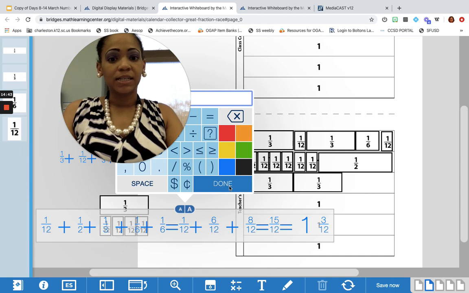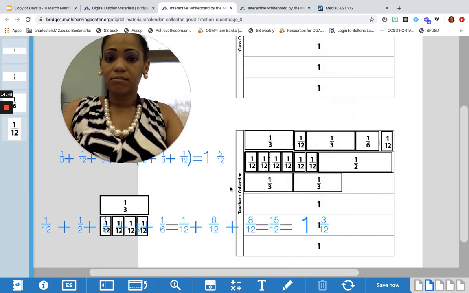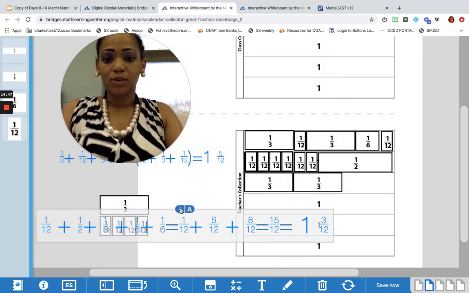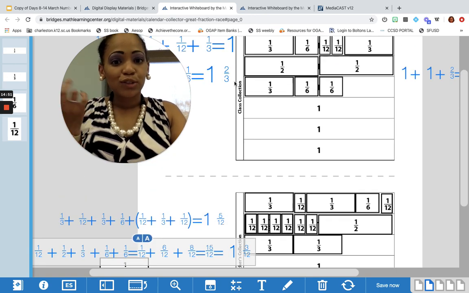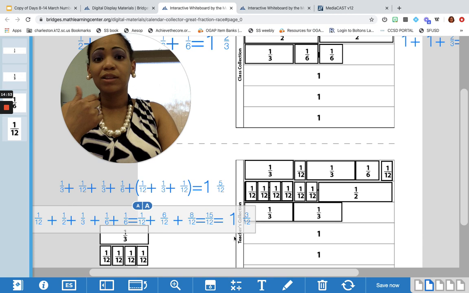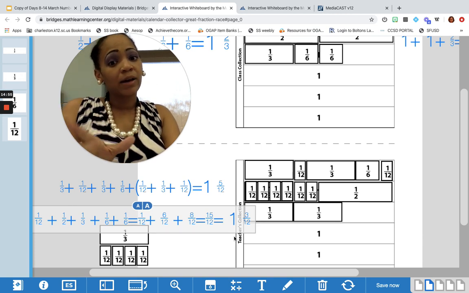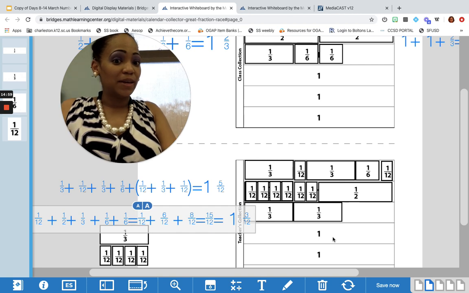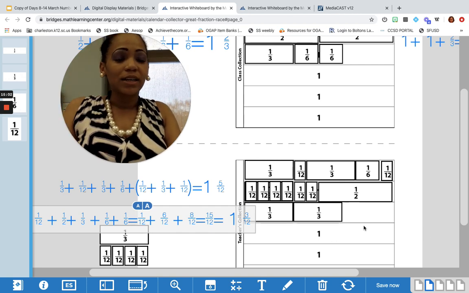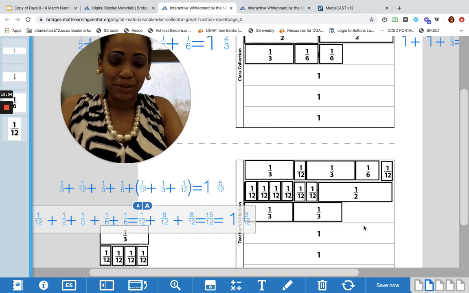You guys added, geez, cooperate with me today, please. You guys added 1 and 2/3. I added 1 and 3/12, which is a smaller amount, but since I was farther ahead, you guys were able to catch up with me, and I was able to not lose. That's what I'll call it.